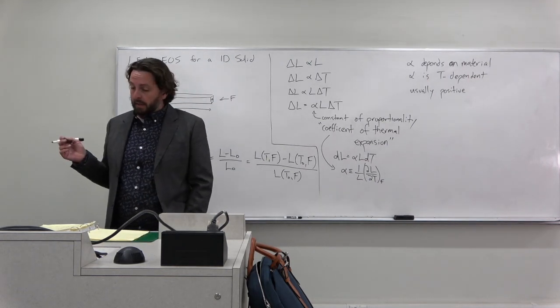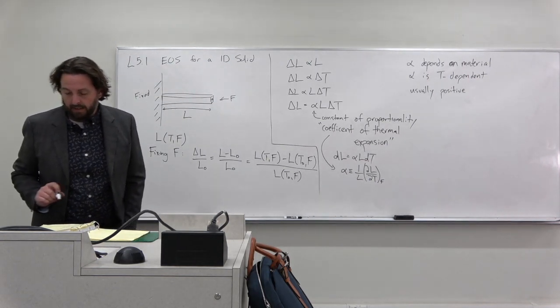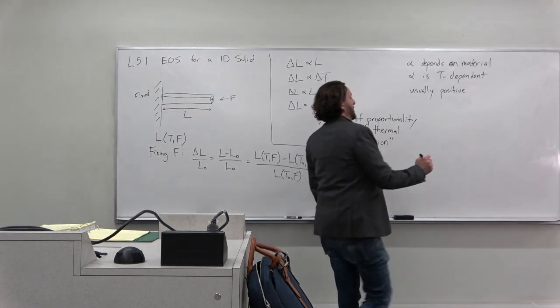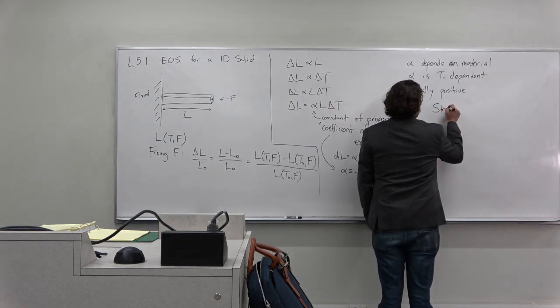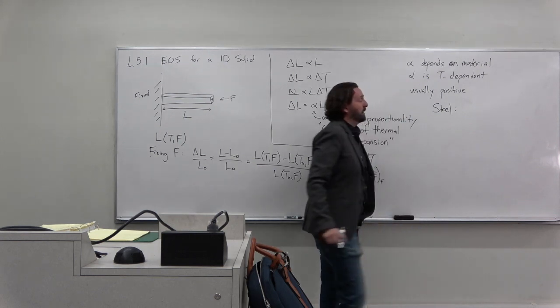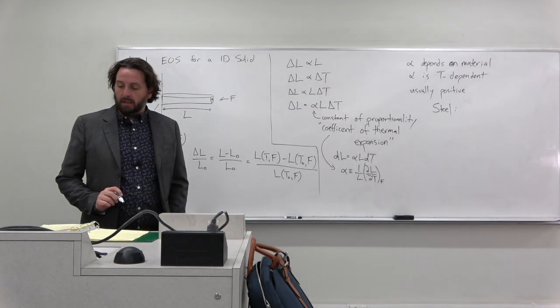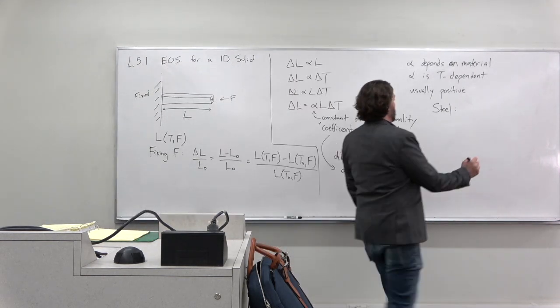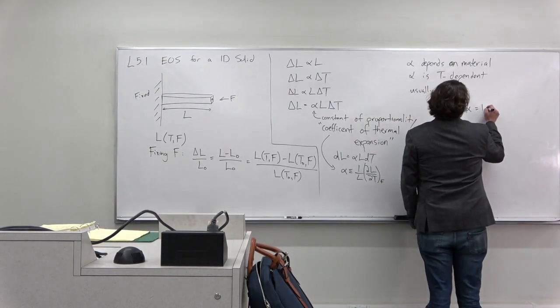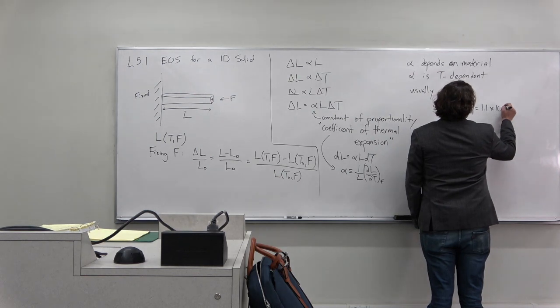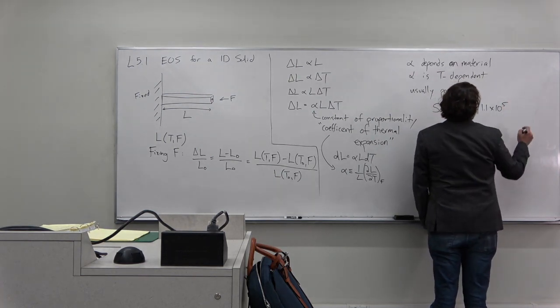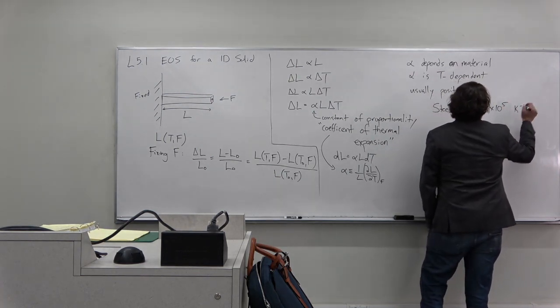So I'm going to give you one number just for a calculation we're going to do in a few minutes. The coefficient of thermal expansion around room temperature is 1.1 times 10 to the minus 5, and the units are inverse Kelvin.